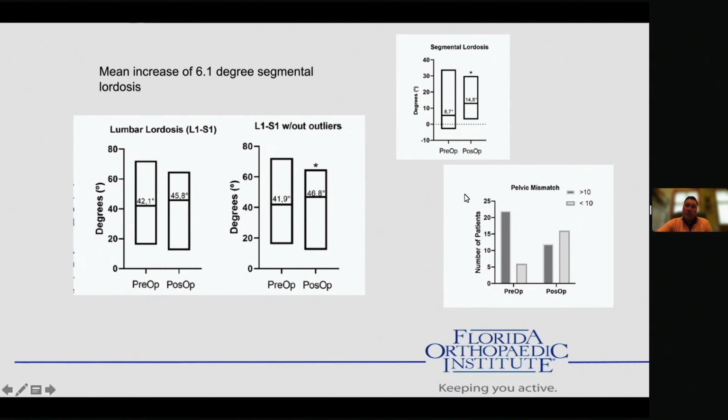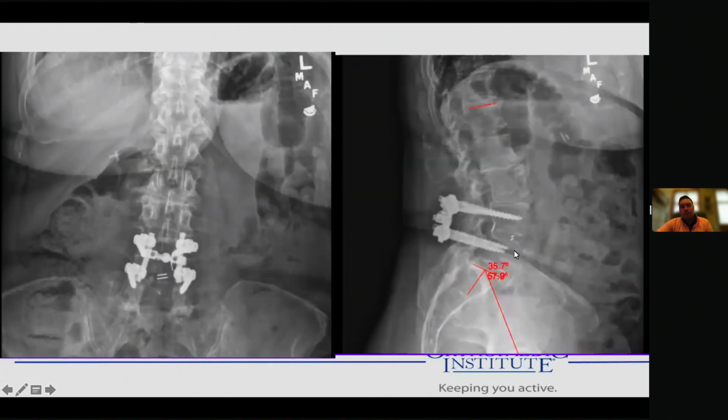But if you look over on the bottom right here, you can see that the number of patients that initially had a PIL mismatch of over 10 degrees went down significantly post-operatively.